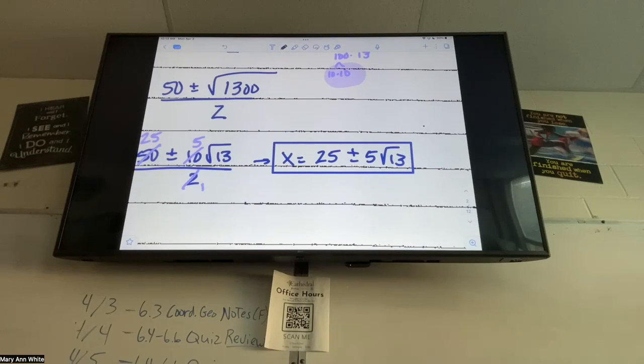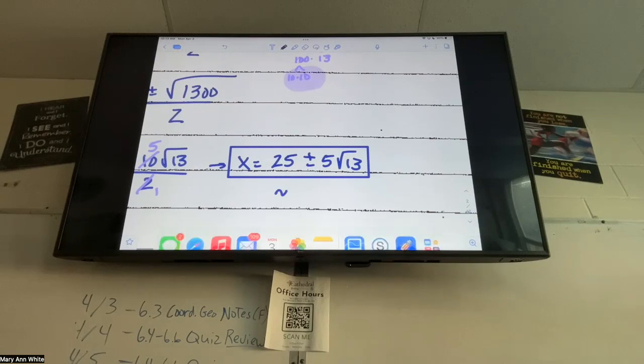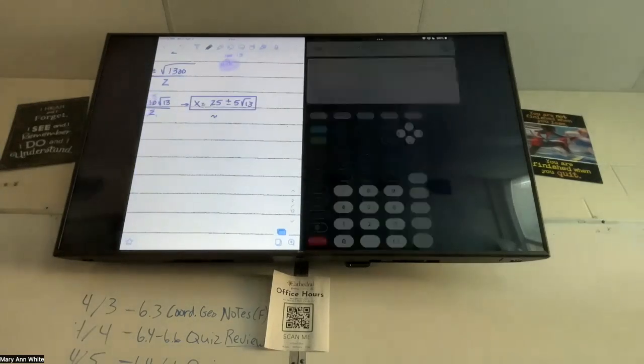Let's throw that in the calculator really quick, because we're about to graph this and our answer is not going to be in radical form. It's going to be in decimal form. So let's see about what this equals. Calculator up.